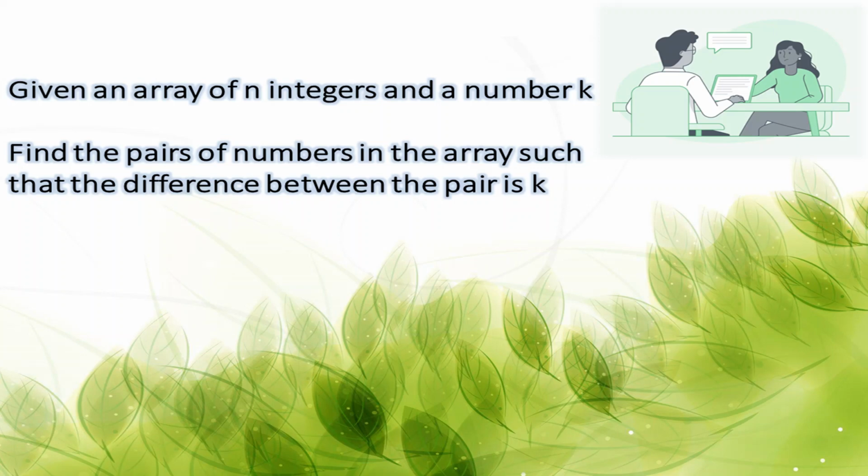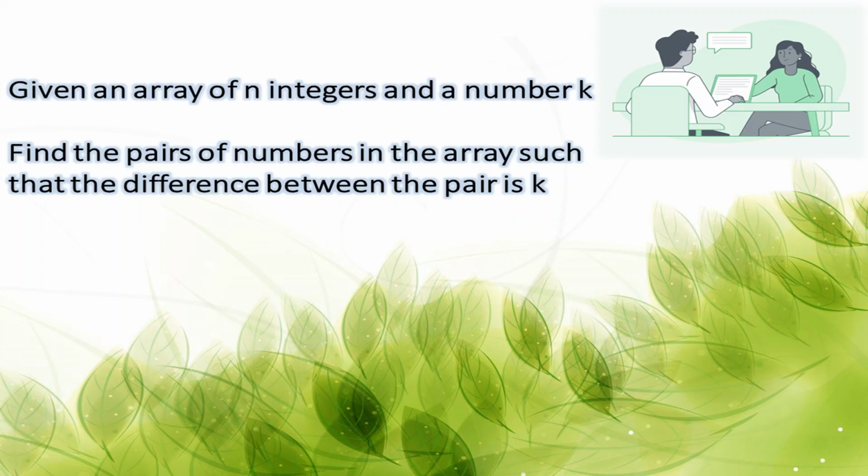If it is equal to n, then I'll simply return. Else, if the difference is less than k, it should be in sorted order. If it is not sorted, then also it will work, I think. If it is less than, I'll increment L2, and if it is greater than, I'll increment L1.